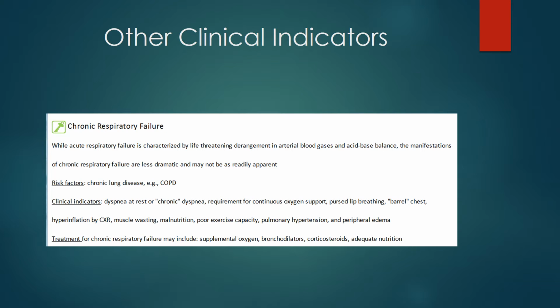And the things you want to look for with the chronic respiratory failure: risk factors being chronic lung disease or COPD, and that patient did have that, as we noticed. The treatment, usually you want to look for maybe supplemental oxygen, bronchodilator, steroids.